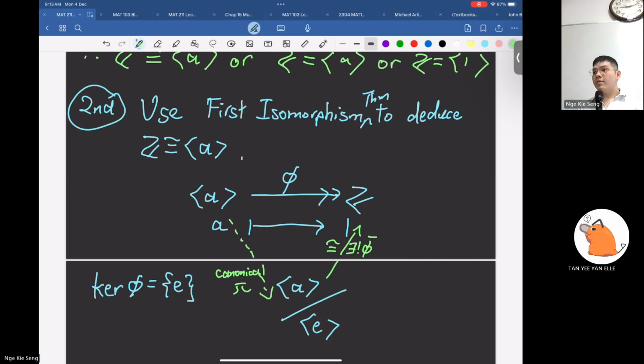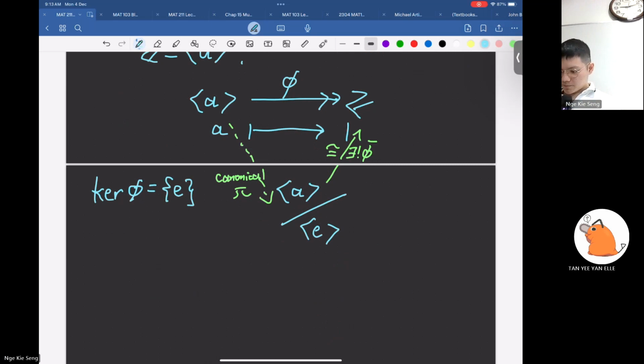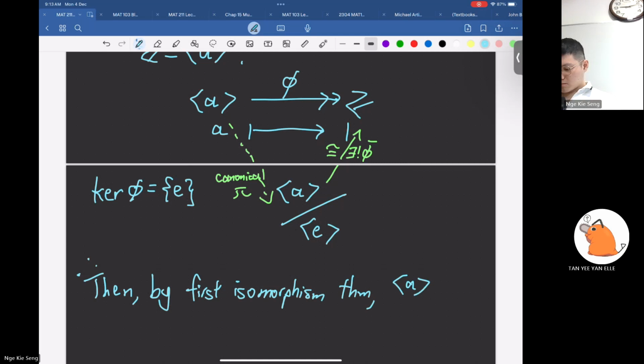But what is ⟨A⟩ quotient by the trivial subgroup?